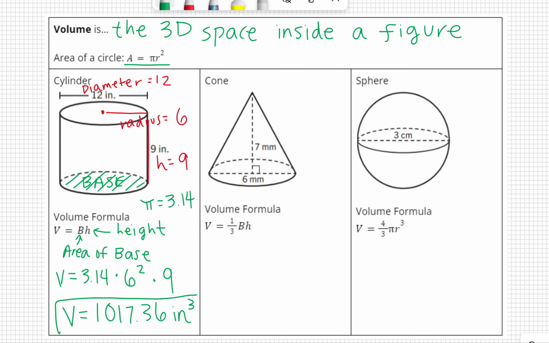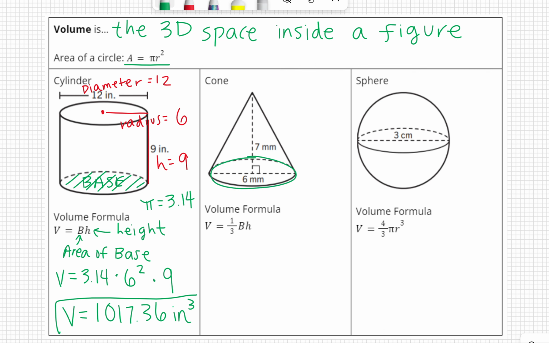Let's look at the next figure. It is a cone. The volume for a cone is 1/3 times the base area times the height. Looking at the figure, first let's identify the base. So this bottom circle, that's the base.